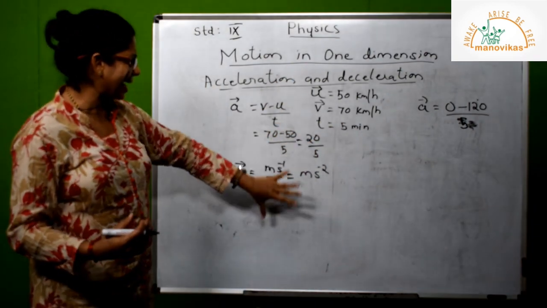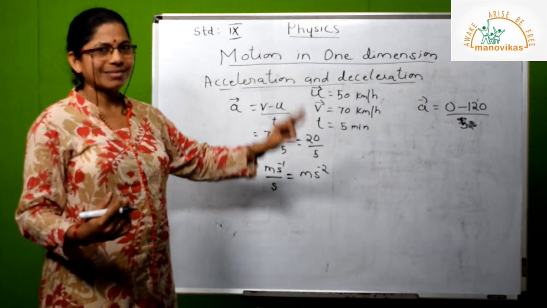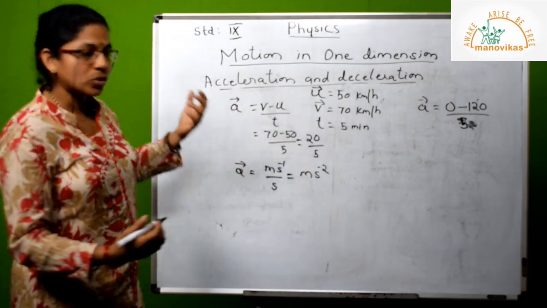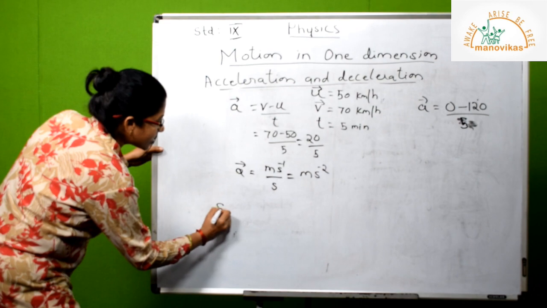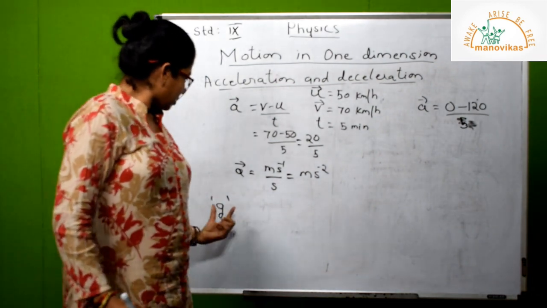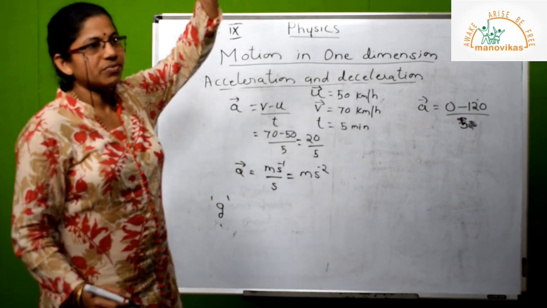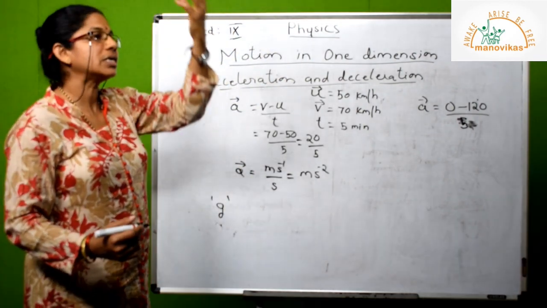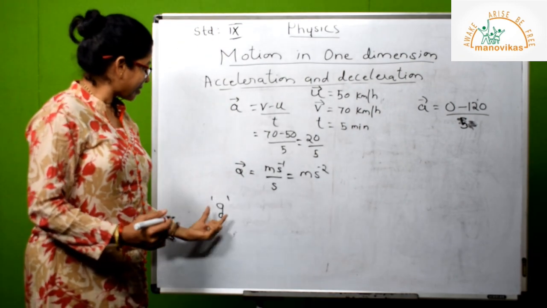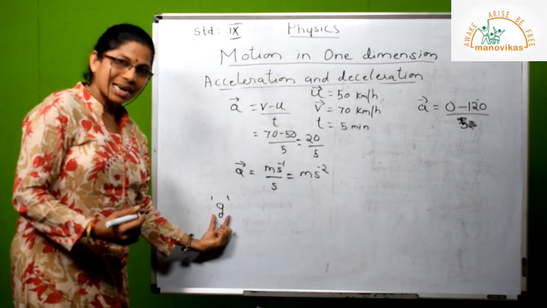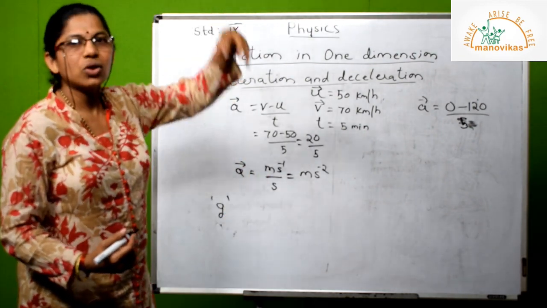And towards the end, I'll be telling you all about acceleration due to gravity. It is denoted by g. It applies to objects which are freely falling from a certain height. Due to the influence of gravity, the object will obviously fall down.